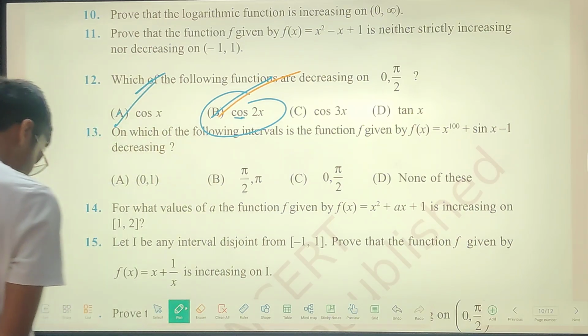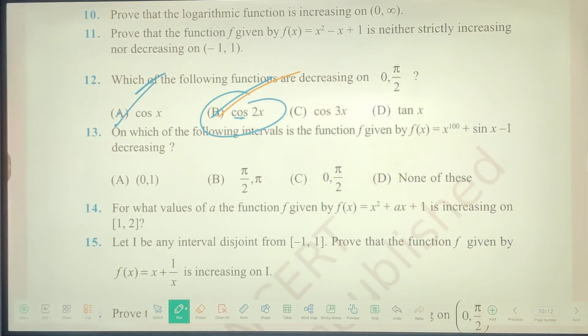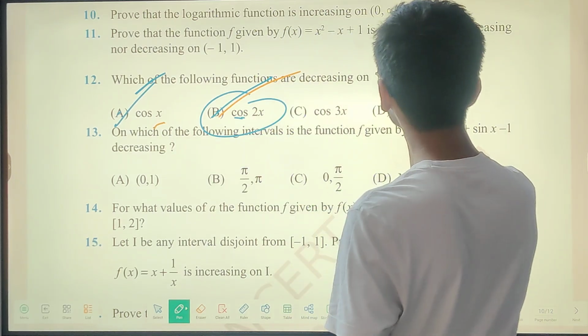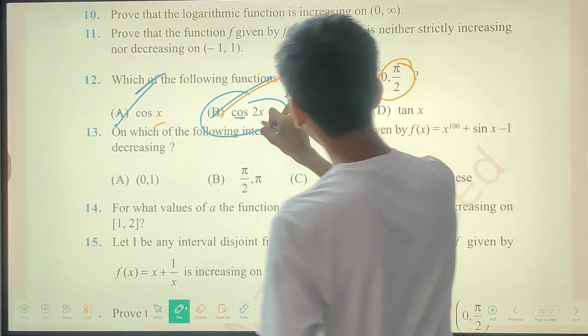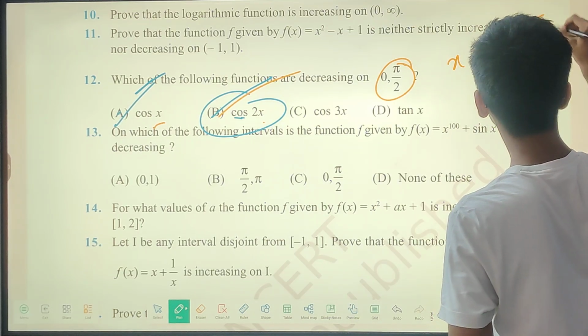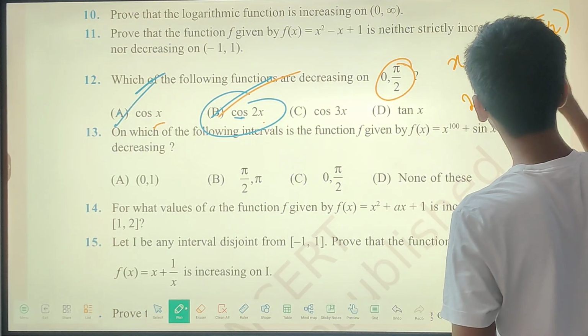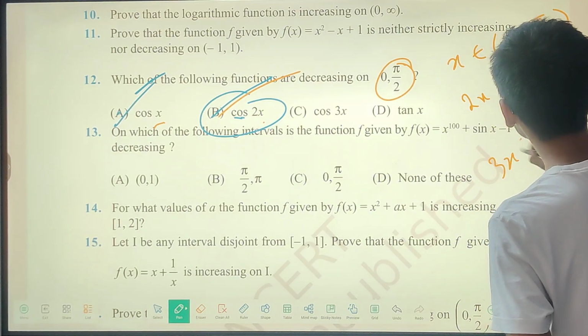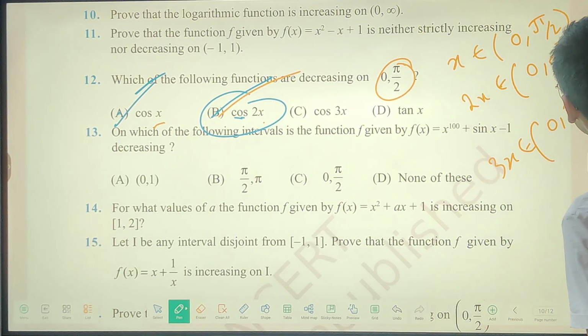Actually, there will be a change. Okay, I got it. See, here it is x, and for 2x, x belongs to 0 comma pi by 2, whereas 2x belongs to 0 comma pi, and 3x belongs to 0 comma 3 pi by 2.